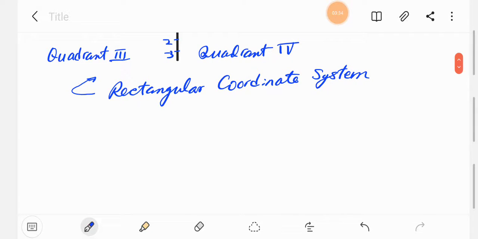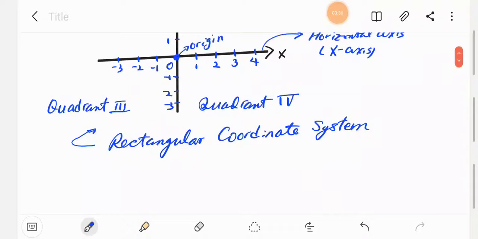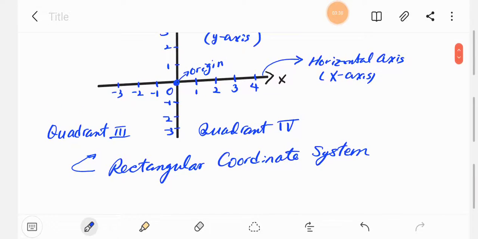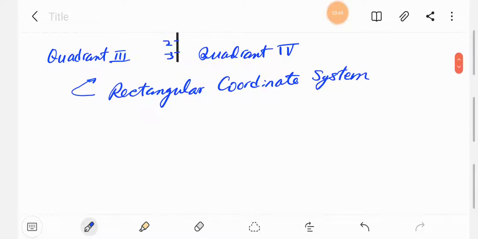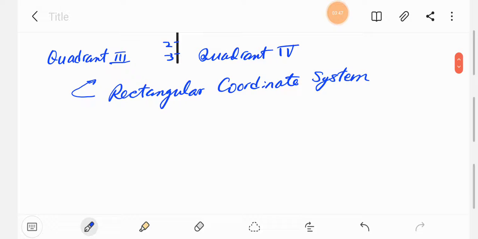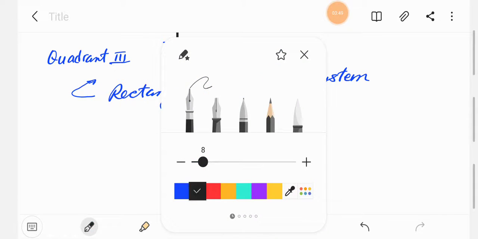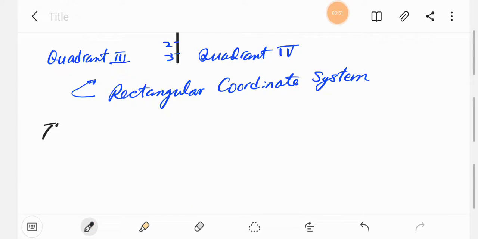And then from this plane, this rectangular coordinate system, you can plot any point. Plotting a point means placing a point on this surface. Each point has an ordered pair. This is a really important part. An ordered pair is always written as parentheses, x value, y value.